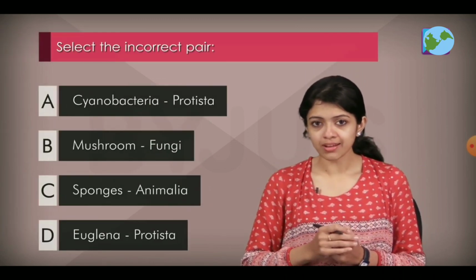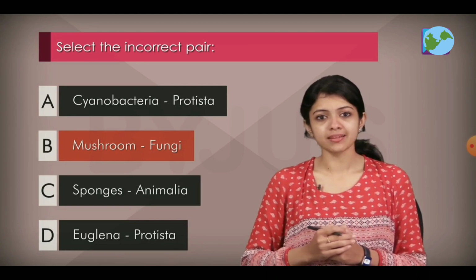Mushroom, most of us know, are fungi, some species of which are edible. You'd most likely not go wrong with this, unless of course you mistook it for a plant. So B is a correct pair and hence not the answer. Now, sponges are marine animals, but perhaps because they are sedentary organisms, you could assume that they are plants.